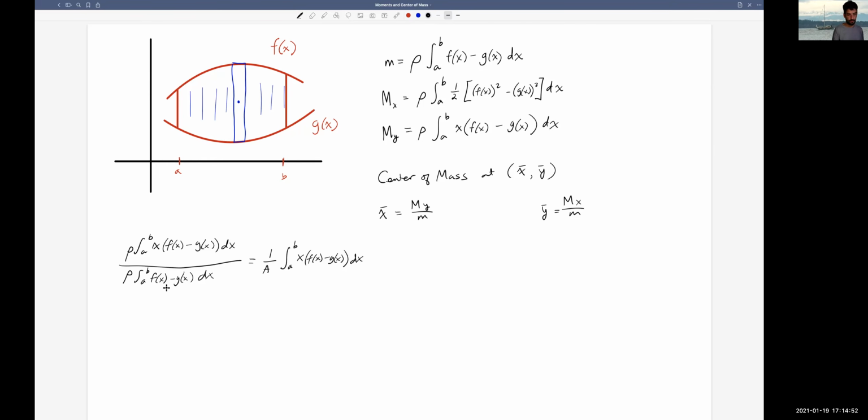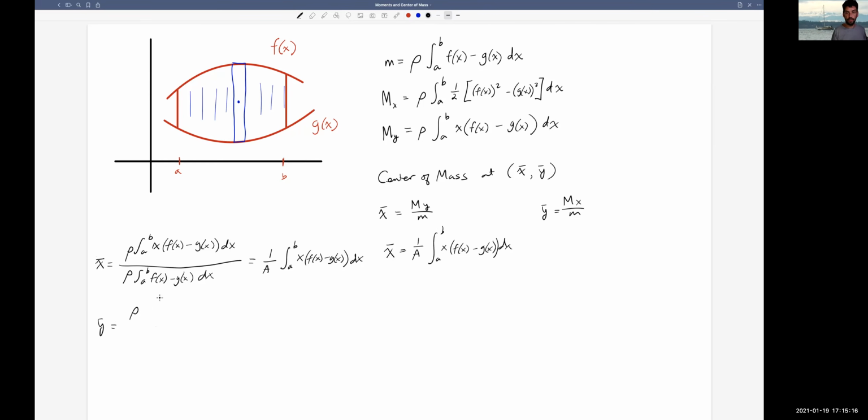So x bar is equal to 1 over the area times the integral from a to b of x times f of x minus g of x dx. And we can do a similar thing for y bar.